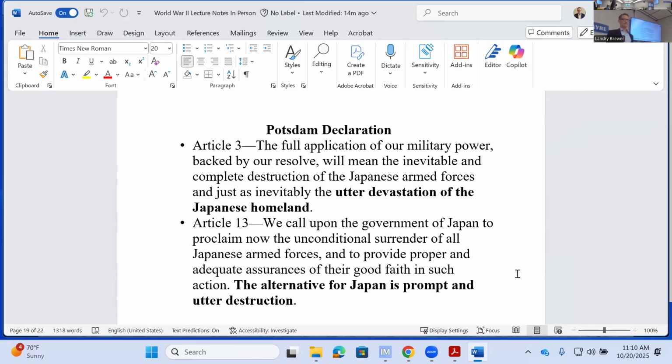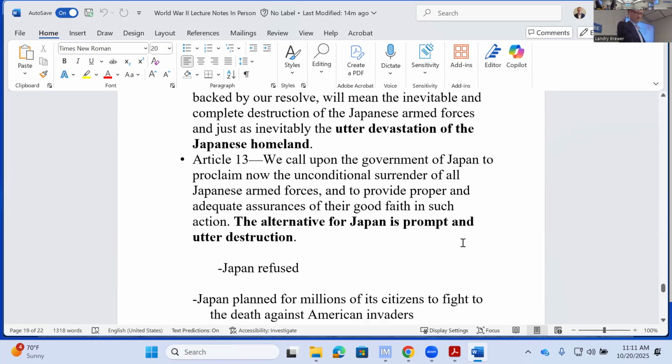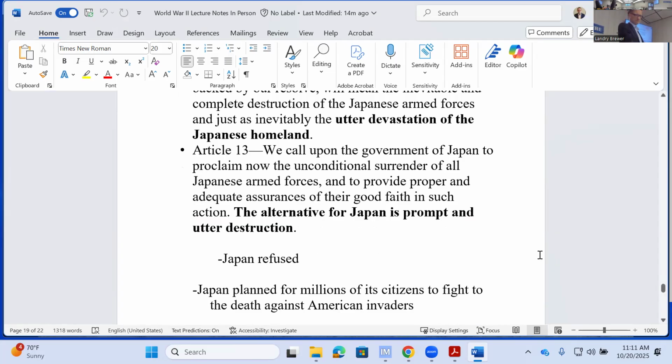The alternative for Japan is prompt and utter destruction. So the Potsdam Declaration calls on Japan to surrender or face utter devastation. And the Japanese refused to surrender. Japan refused.